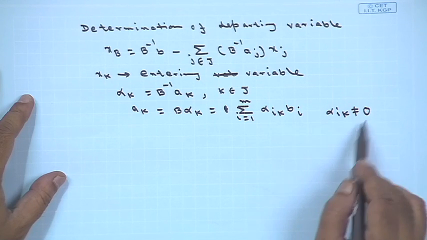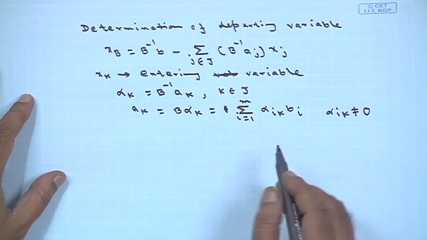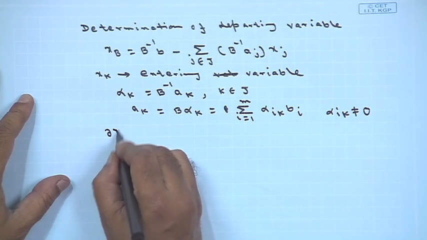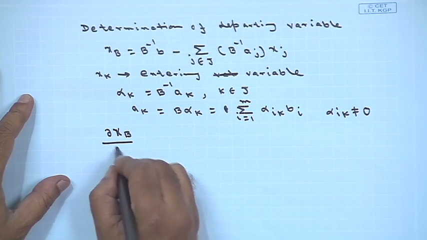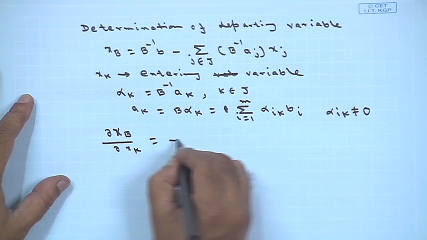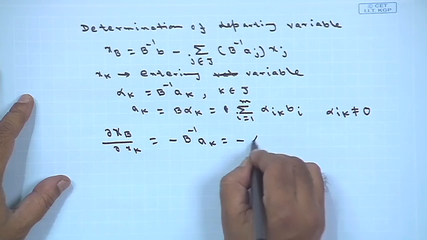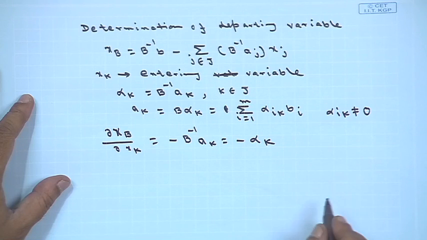I will come to why alpha_ik should not be 0. Now, this implies that del x_B by del x_k is equal to minus B inverse a_k, which is nothing but minus alpha_k.